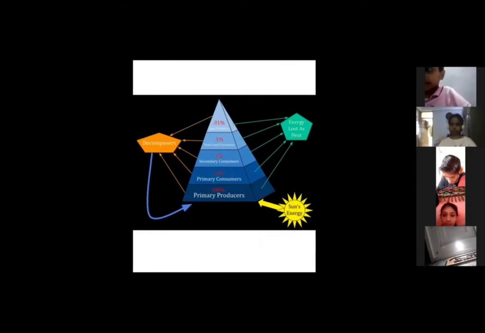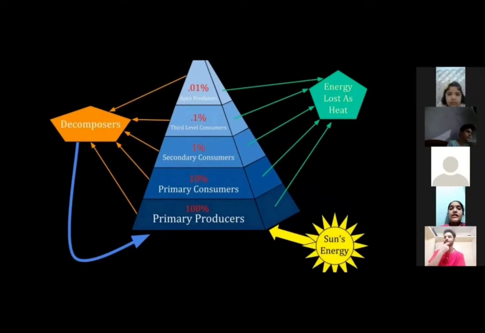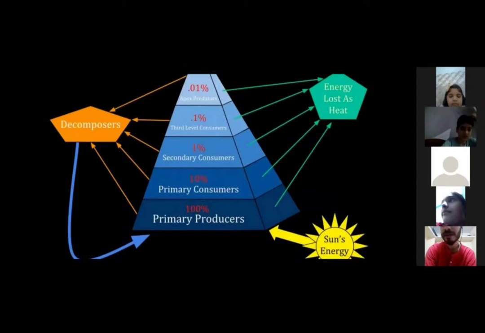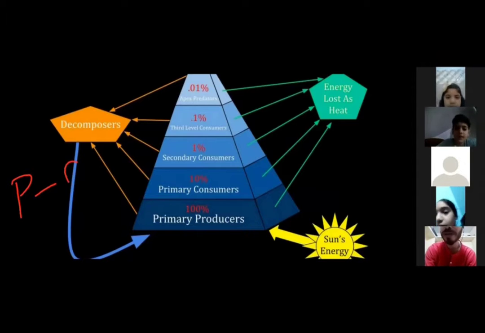Don't worry. Firstly, as you know, there are different trophic levels. Can anybody tell me the name of the first trophic level? Primary producers. Okay, primary producers. Let's take the example. We have producers, then we have consumers.